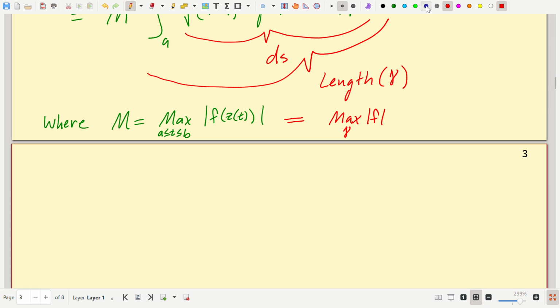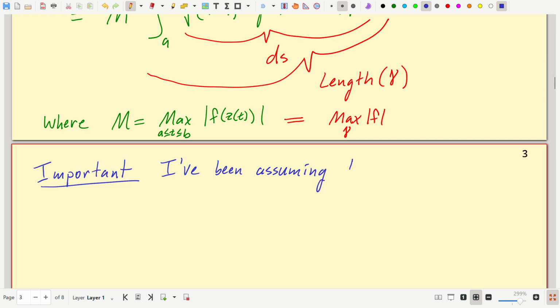Let's see, here's an important fact. I've been doing this assuming my curves are C1 smooth. So I've been assuming gamma is C1 smooth and f is analytic in a neighborhood. Well, I don't need to talk about f just yet.